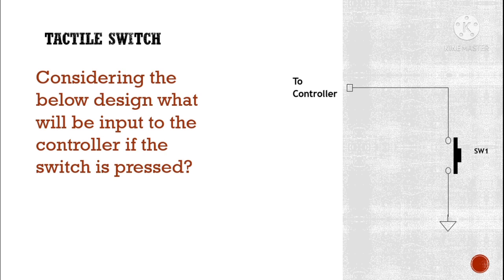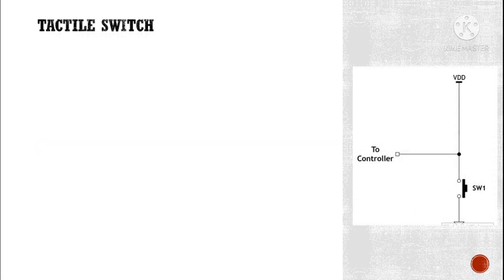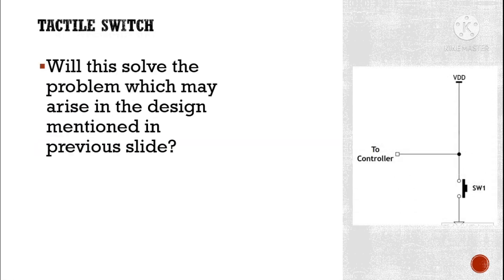Consider the below design. What will be the input to the controller if the switch is pressed? There is no valid connection. Will this solve the problem which may arise in the design mentioned in the previous slide?